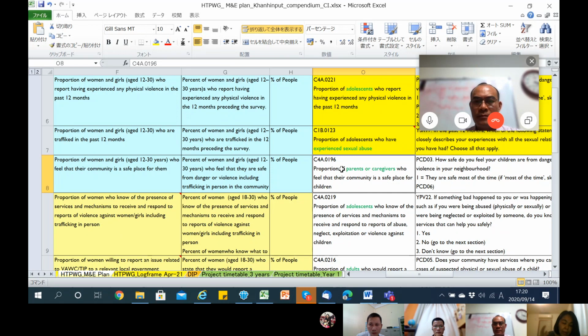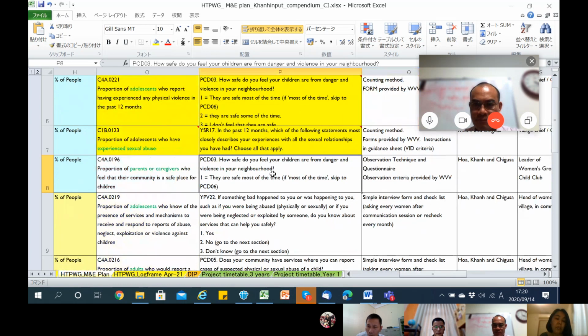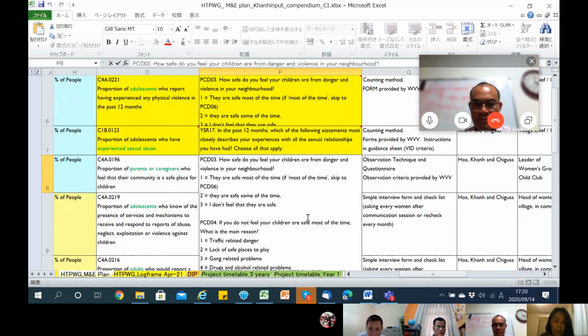So we have to adjust a little bit. The current tool for this indicator asks: how safe do you feel your children are from danger and violence in your neighborhood? They are safe most of the time. They are safe some of the time. I don't feel that they are safe.